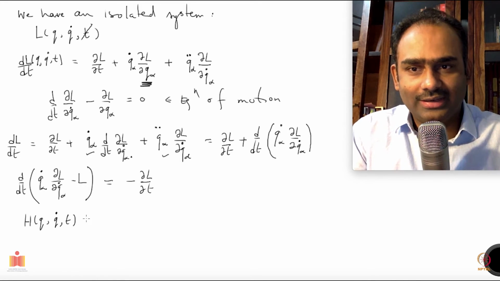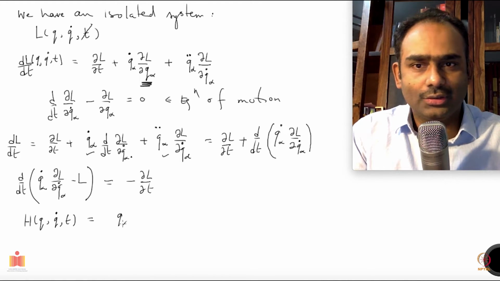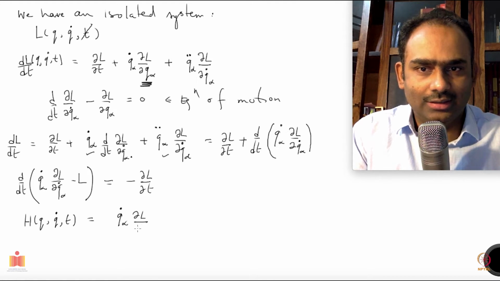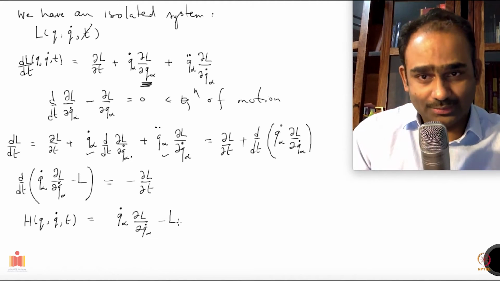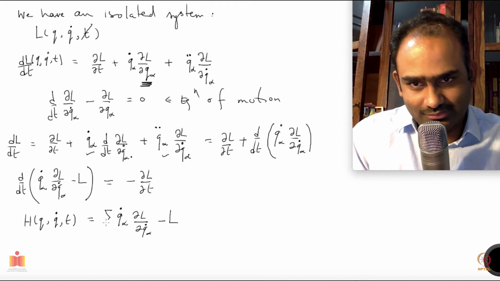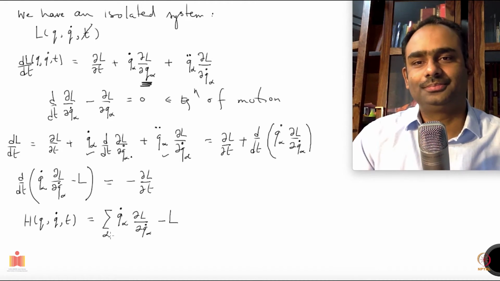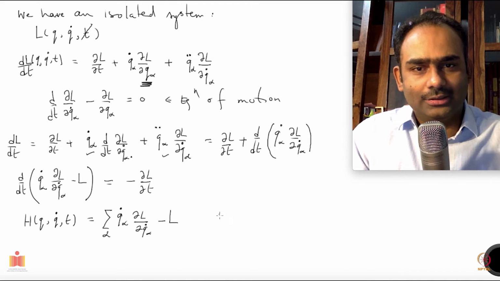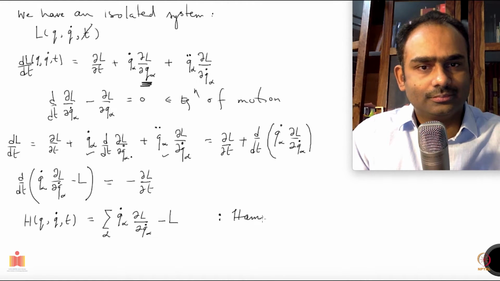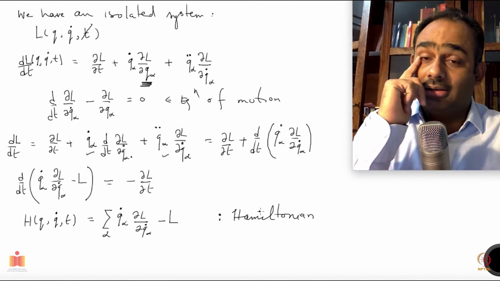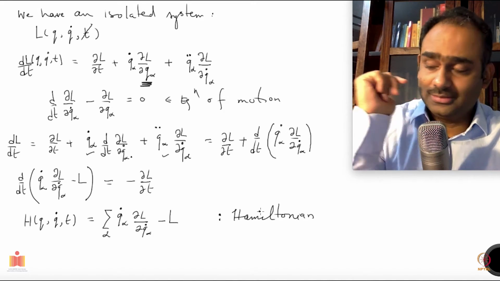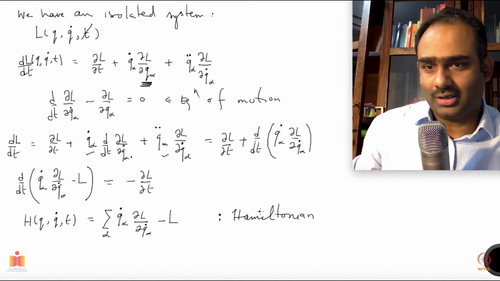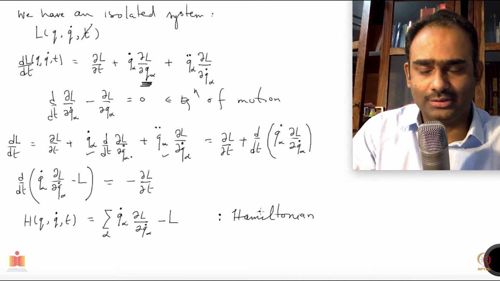So I define h of q, q dot, t to be q alpha dot delta L over del q alpha dot minus L, and you're summing over all the alpha. So this quantity is called the Hamiltonian of this system. Generally the Hamiltonian will have generalized momentum as its argument, but for now let's also call this a Hamiltonian.